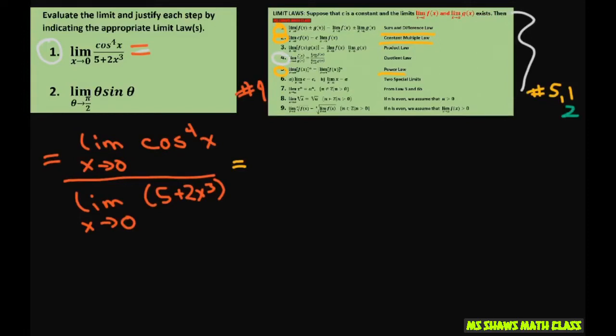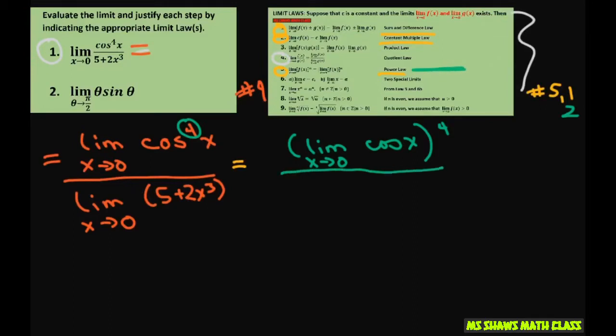I'm going to take my limit and write it as the limit as x approaches 0 of cosine of x, and then you put the 4th power here on the outside. So this one is this law right here. Now, the denominator we've done before, so that's just going to be the limit as x approaches 0 of 5.